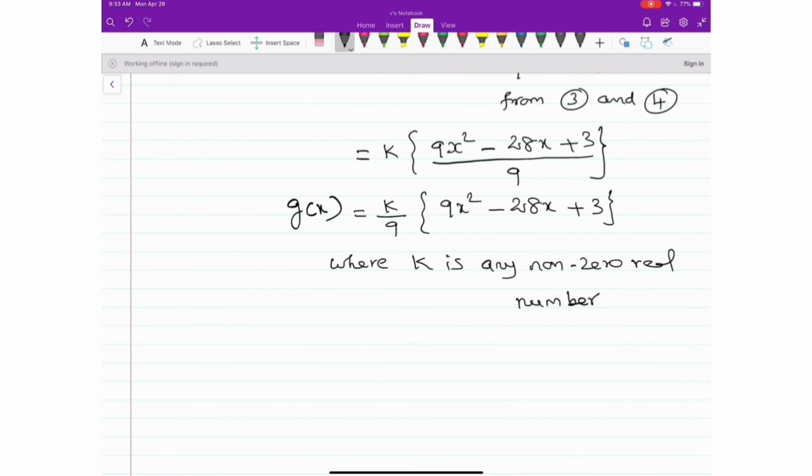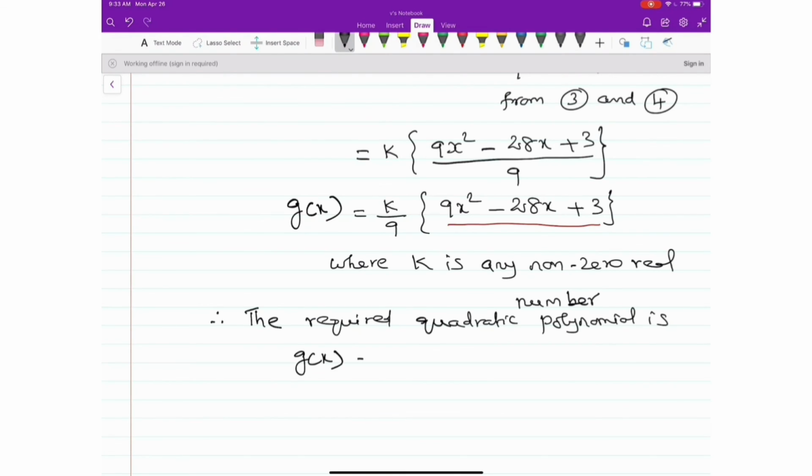So just write 9x square minus 28x plus 3. Therefore, the required quadratic polynomial is g of x is equal to 9x square minus 28x plus 3.